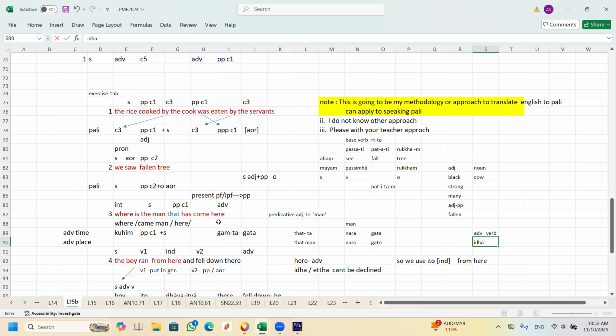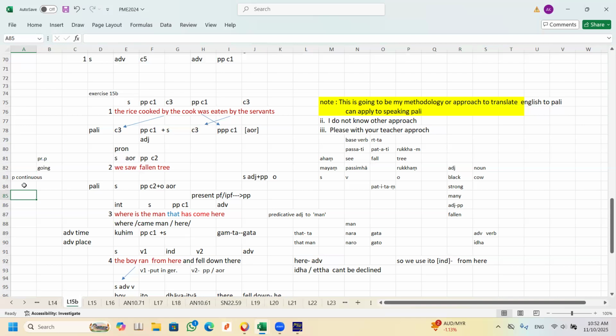For instance, see this one. In Pali, we say this is present participle. But in English, this is present continuous. Okay, present continuous, that is one.